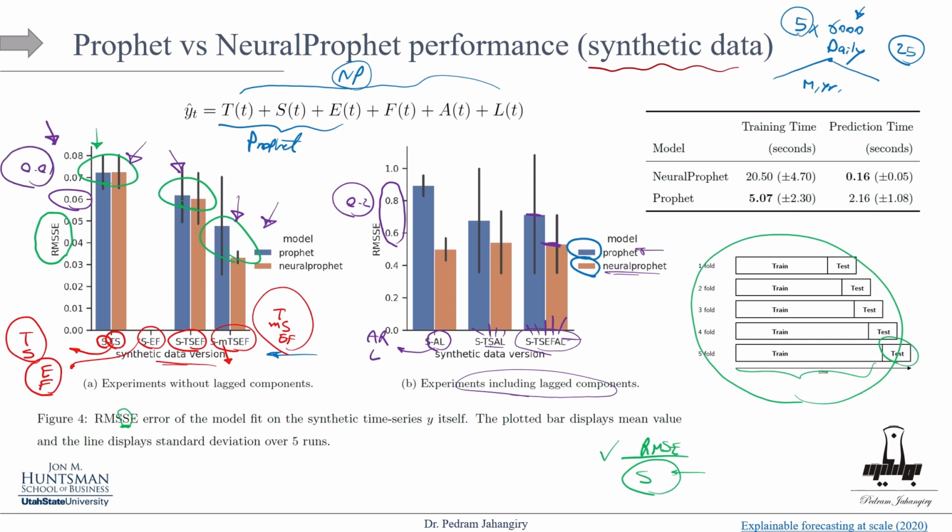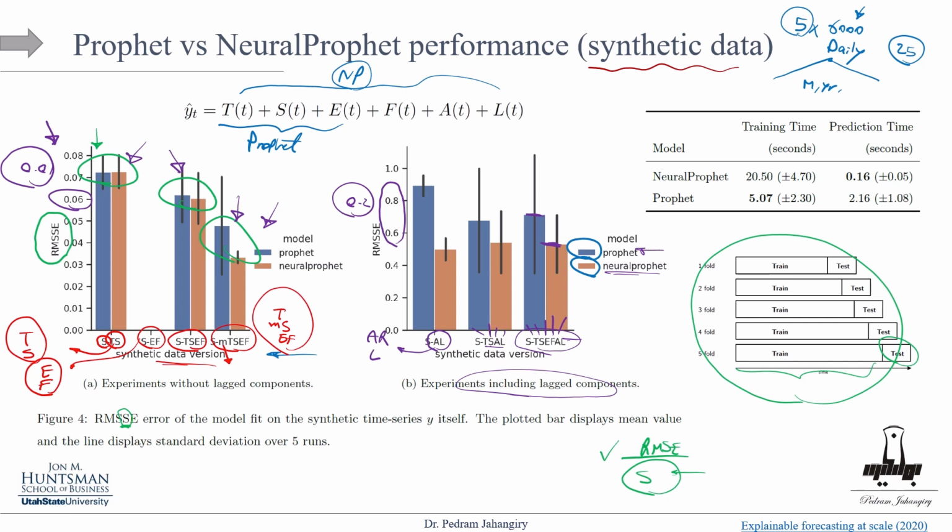So yeah, that's at a high level for the synthetic data. I think the model is performing as it should be. This is not surprising at all. I don't want you to think of it as, oh, NeuralProphet is better than Prophet, because NeuralProphet was designed to capture something like this. And if you are generating synthetic data based on these things, your NeuralProphet had better capture that.